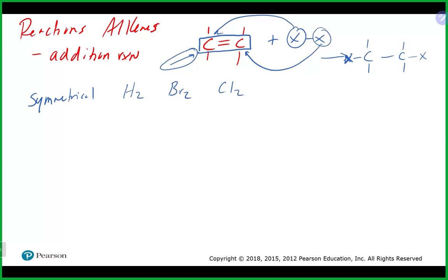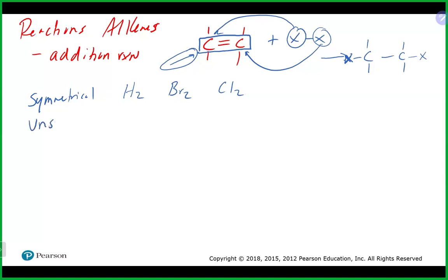In these types of reactions, there's no difference in terms of where you put anything, because if you put a hydrogen on the left or the right, you're putting the same thing on both carbons. So it doesn't really matter. The only thing that does matter is that one should go to each carbon, not both to the same carbon. So always opposite carbons within a double bond is where you do that addition.